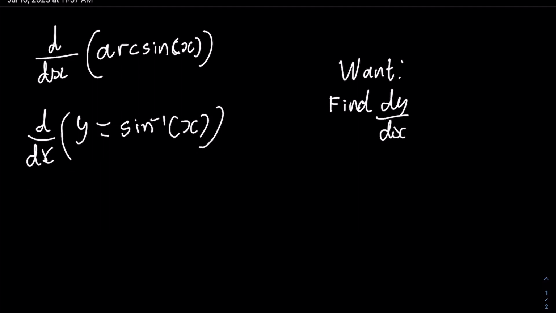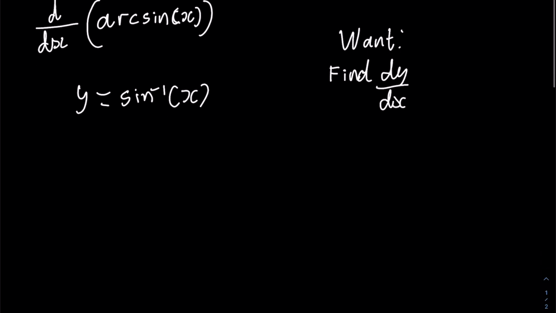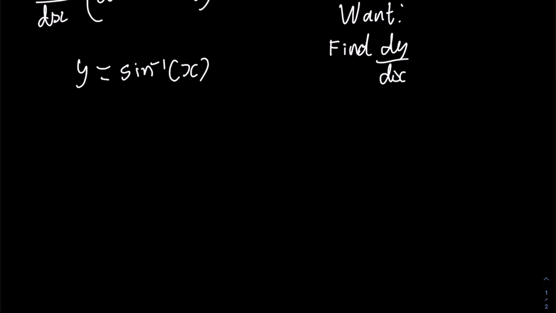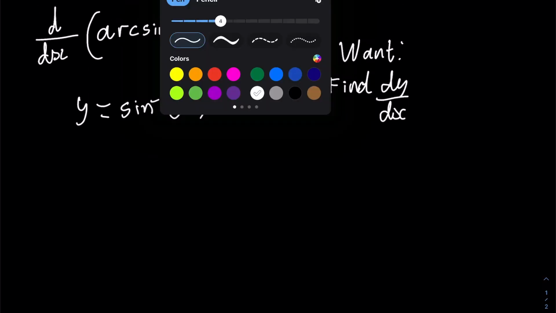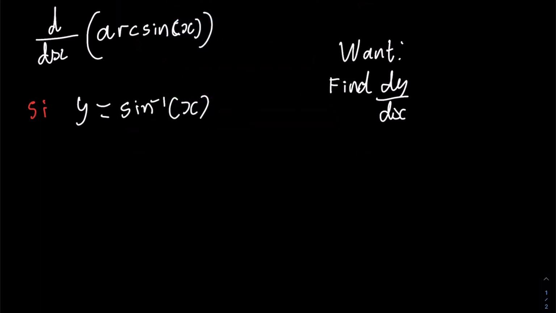If we simply take the derivative on both sides, that won't help us, because we'd need to know the derivative of the inverse sine of x, which is what we're trying to find. So what we'll need to do is take the sine on both sides.